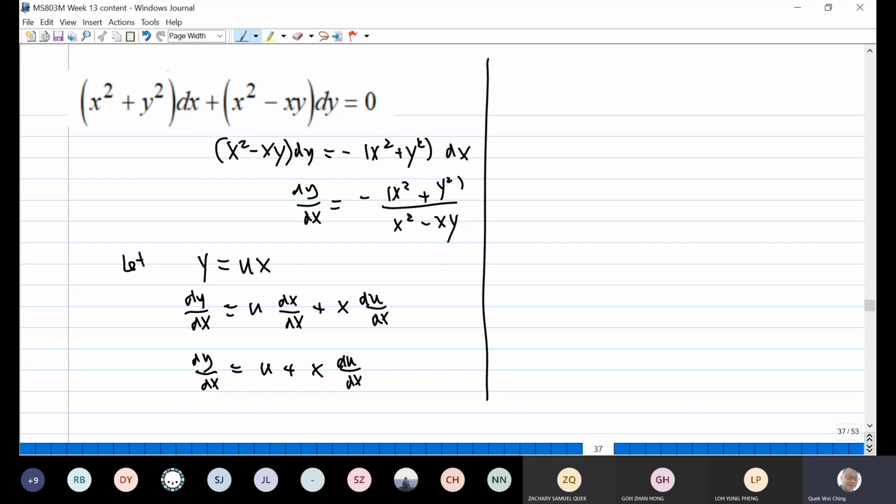Now you have dy dx already, so put it in. So the dy dx here. And your y is ux here. Let's see what you get now. So left hand side is u plus x du dx.